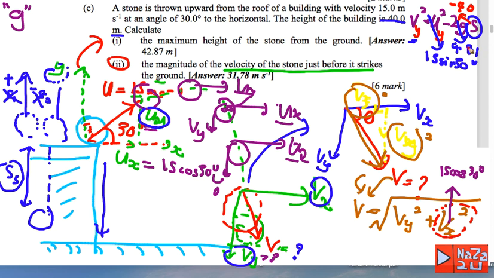40, right? Now, using a calculator, you can find the value of vy is equal to 29.0 meters per second.